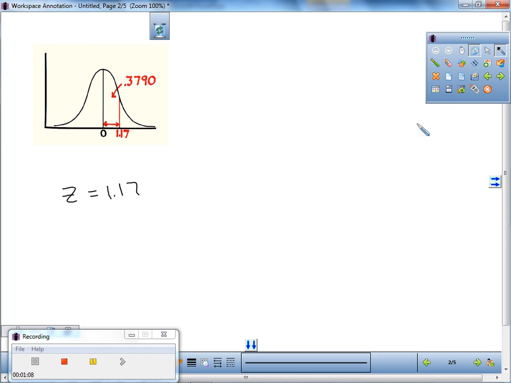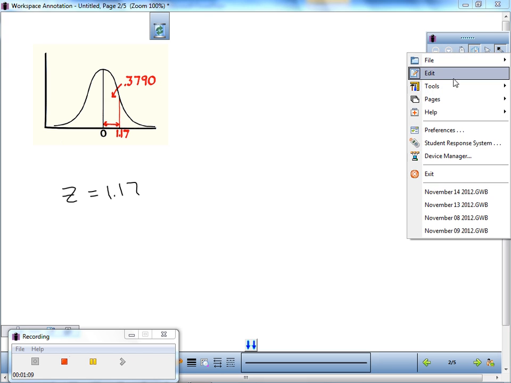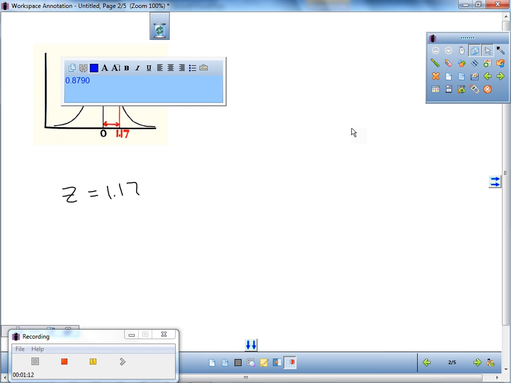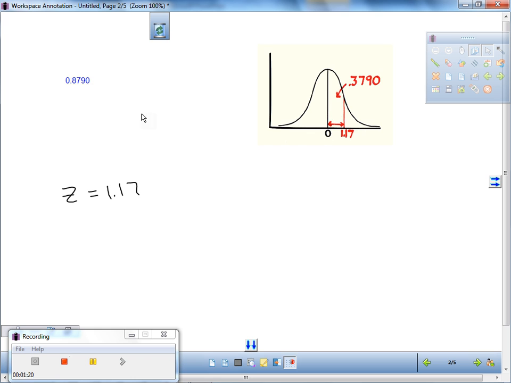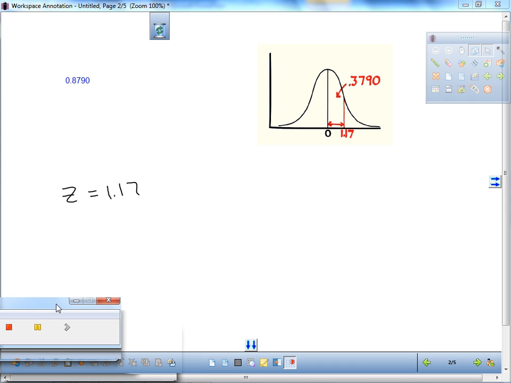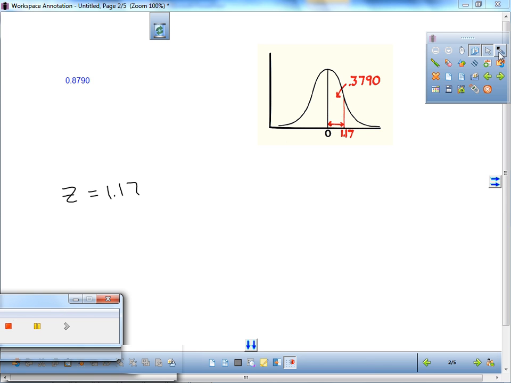Alright, so here we found our z-score to be 0.8790. Well, that doesn't equal the 0.3790. Now what we have to realize is that the z-table value represents everything up to that point.